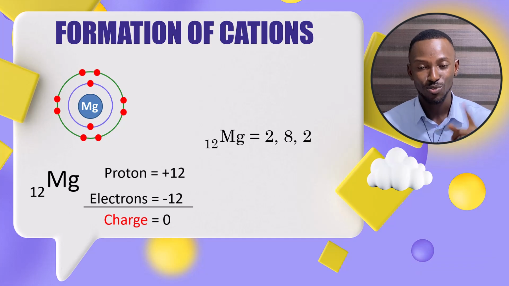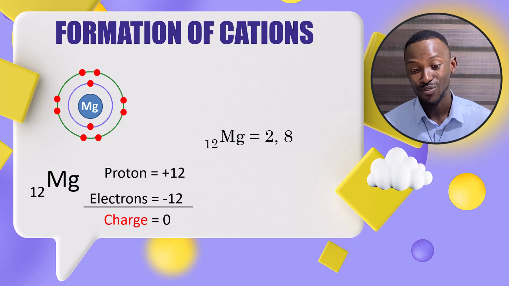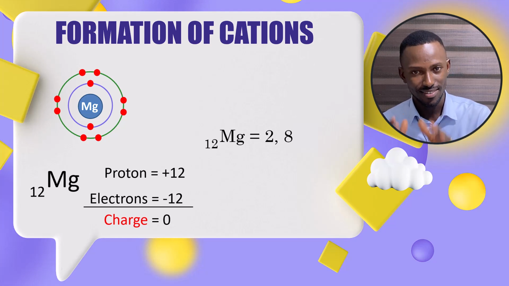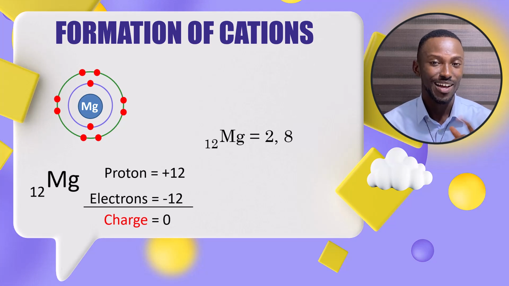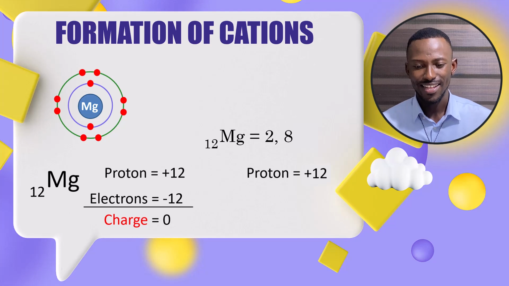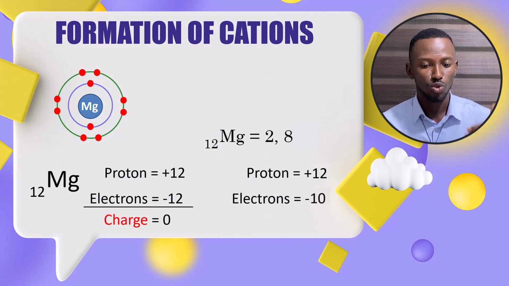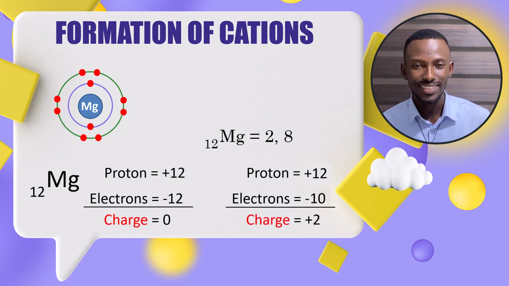This is what happens. Those 2 electrons are lost. So now the electron configuration of this magnesium ion becomes 2, 8. This is much more stable than when the 2 outermost or valence electrons were present. So now what happens? Magnesium atom still has an atomic number of 12, or protons being 12. Meanwhile, the electrons have now reduced from 12 to 10.